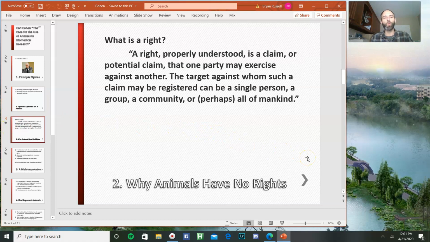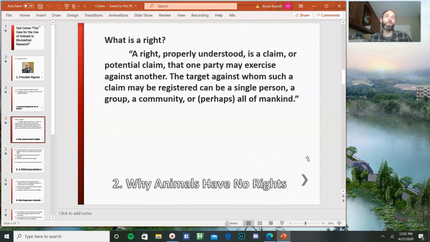First, Cohen explains what a right is. He says a right, properly understood, is a claim or potential claim that one party may exercise against another. The target against whom such a claim may be registered can be a single person, a group, a community, or perhaps all of mankind.